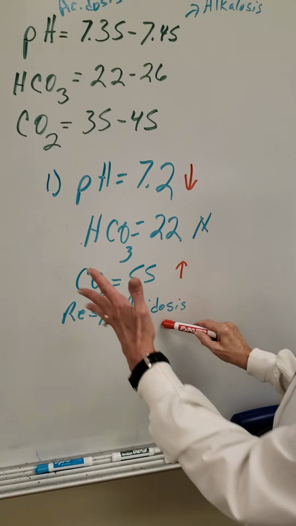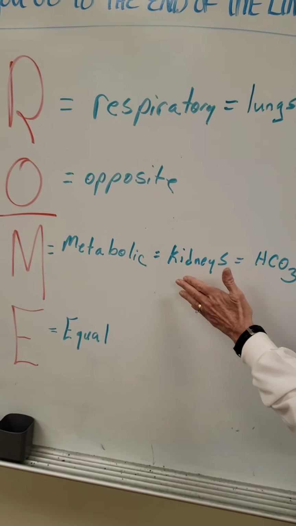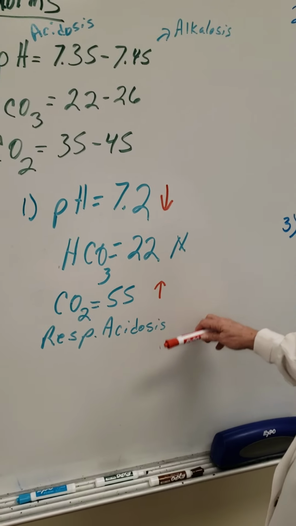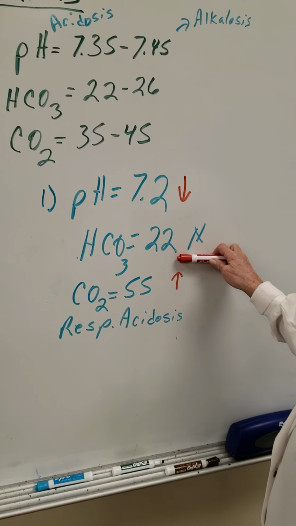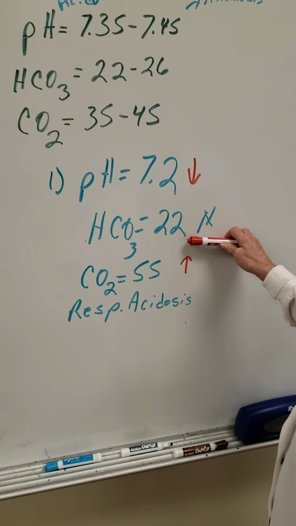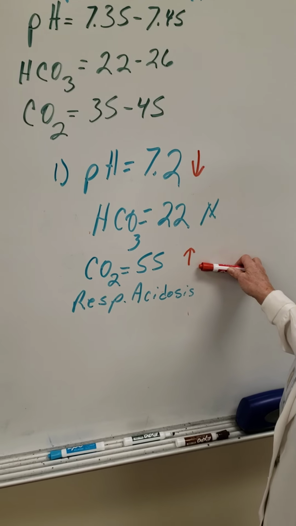Now, we don't know yet if it's respiratory acidosis or metabolic acidosis. So now we have to look and see where our arrows match up. Well, the bicarb level on the blood report is normal, so it's not that. But the CO2 level is elevated, it's 55.